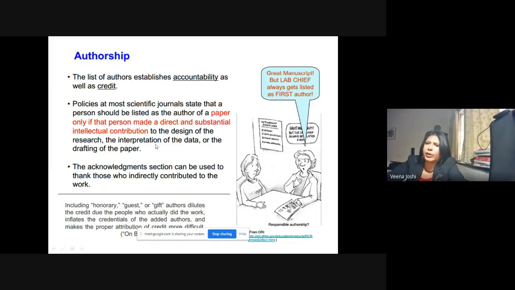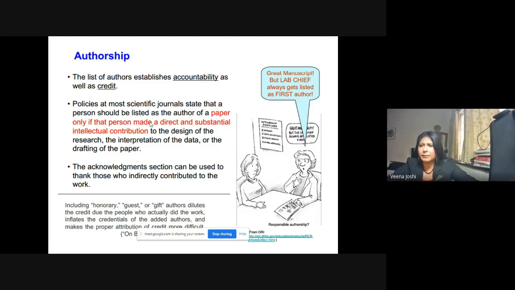So I already talked about authorship. I can keep on talking about a lot of it. How authors are listed is very important. Suppose after you finish your PhD, you write a research paper: your name will come, your guide's name will come, and you can write the names of your friends for acknowledgement.